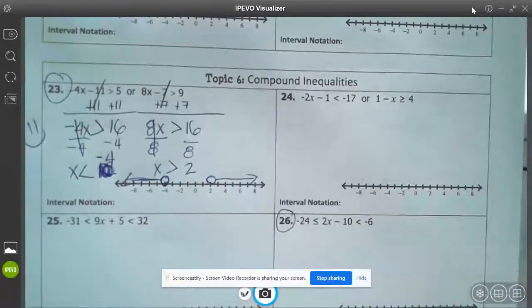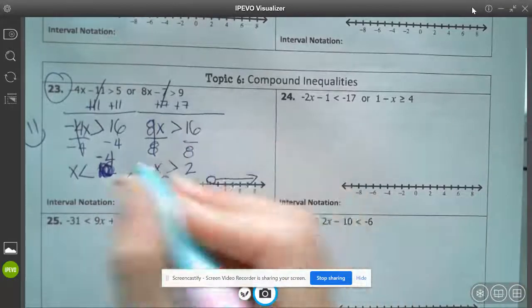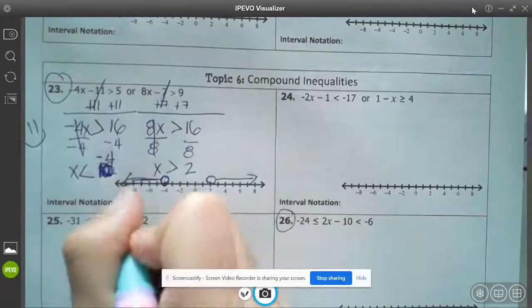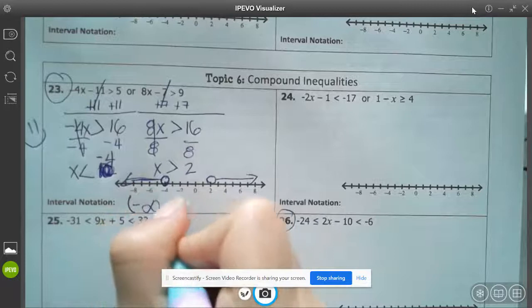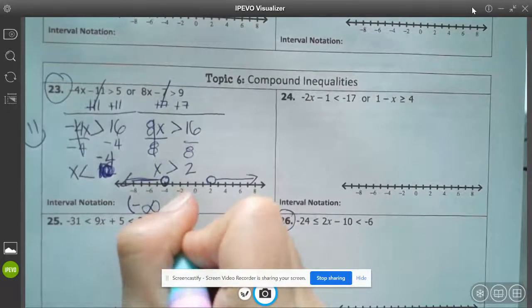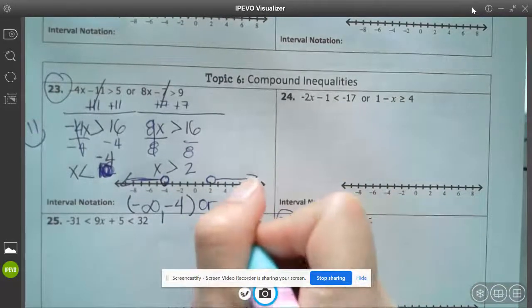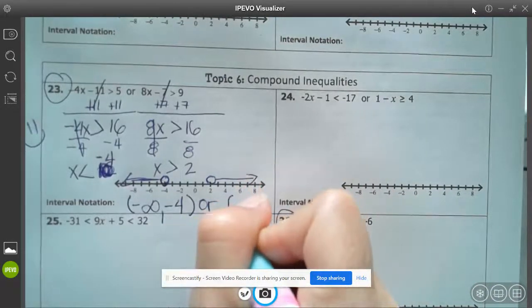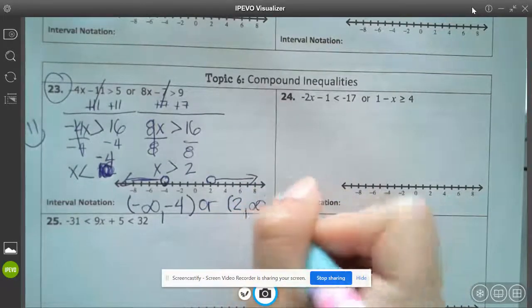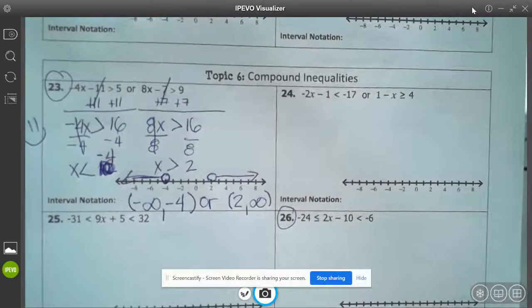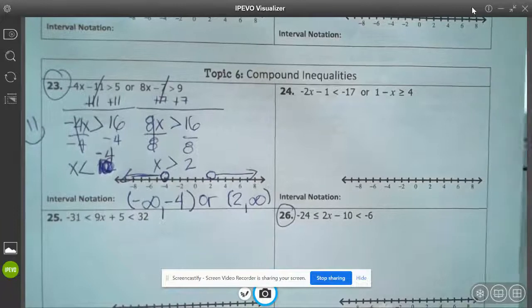If you remember how to write this, we got negative infinity and it stops at negative 4 with a parenthesis because it's an open circle, or we start at 2 with a parenthesis and we keep going to infinity. And that's the interval notation.